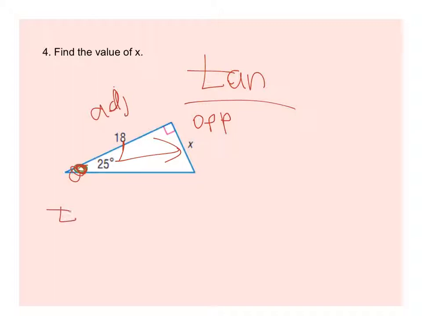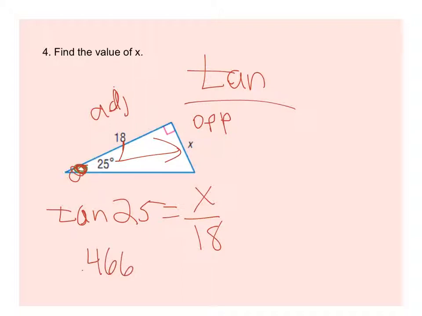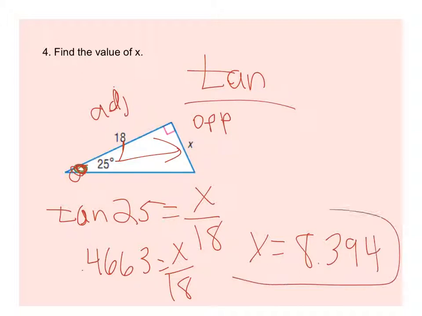So that means the tangent of 25 equals x over 18. So tangent of 25, actually plug it into your calculator. You get 0.4663 equals x over 18. So multiply that by 18, x ends up equaling 8.394. There's my answer.